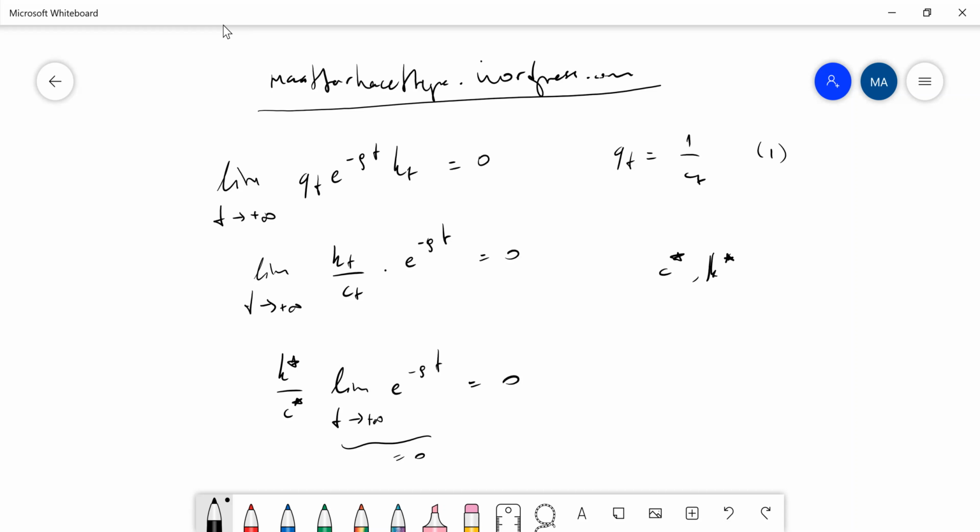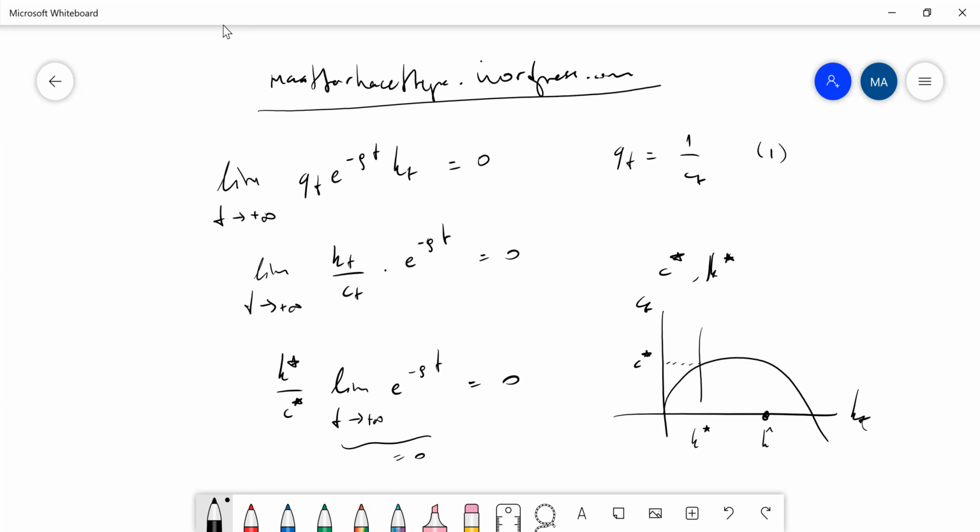But guess what happens here? If K_t is positive, in such a point, this is K star, C star, and this is another point, K hat.